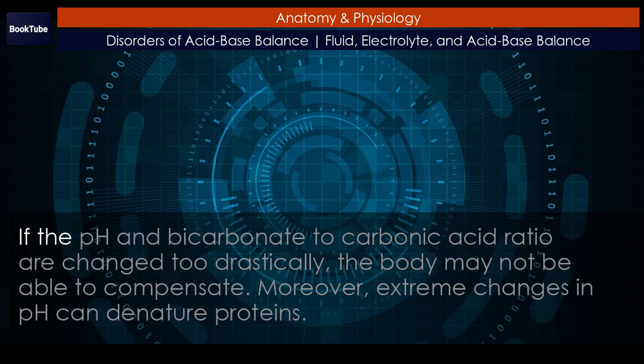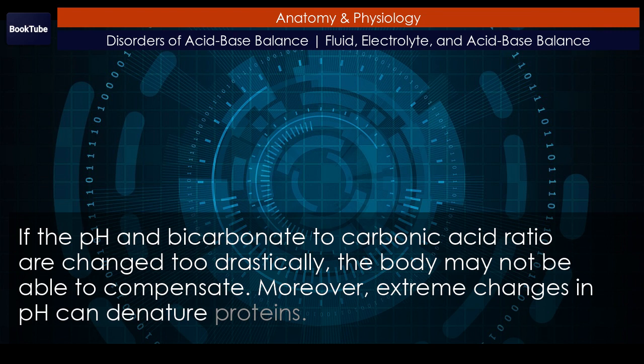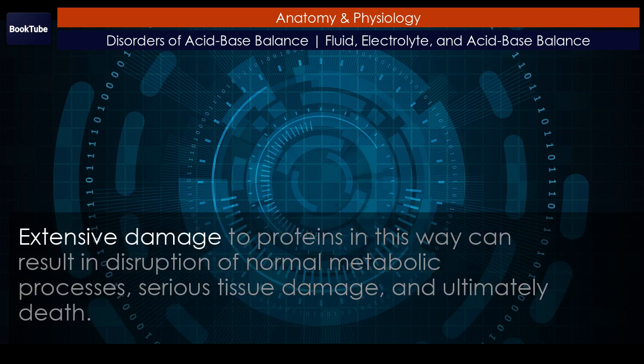If the pH and bicarbonate to carbonic acid ratio are changed too drastically, the body may not be able to compensate. Moreover, extreme changes in pH can denature proteins. Extensive damage to proteins in this way can result in disruption of normal metabolic processes, serious tissue damage, and ultimately death.